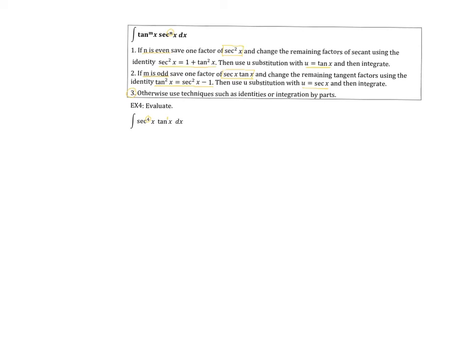I'm going to reserve 1 factor of secant squared. So this becomes secant squared times tangent times secant squared dx. And then I'm going to replace my secant squared with the identity so that everything's in terms of tangent.